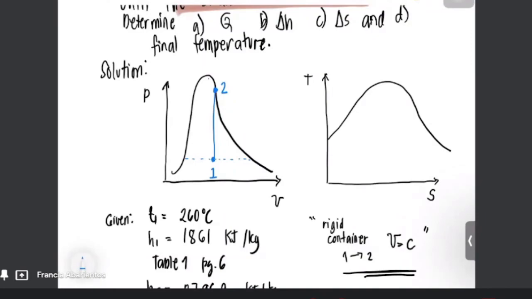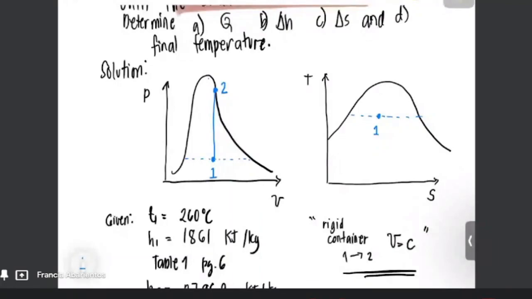Kasi sinabi sa problem until it becomes saturated. Dito naman sa kabila. So, 40 kalahati, ito 40 plus. Dito yung point 1 natin until it becomes saturated. Tama ba? Ay, mali pala yung ano ko. Tama, ito yung linya natin.